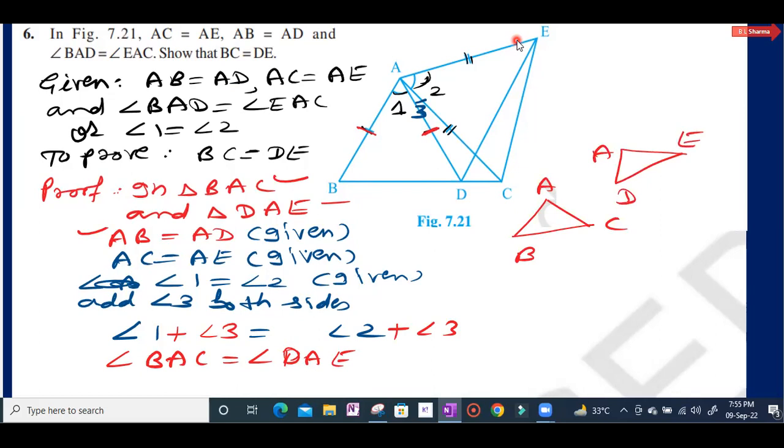AB is equal to AD. This AB is equal to AD. AC is equal to AE, and angle BAC is equal to angle DAE.